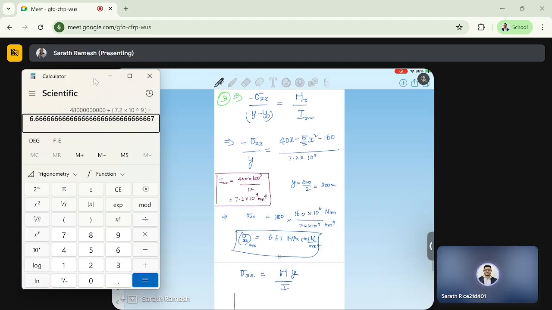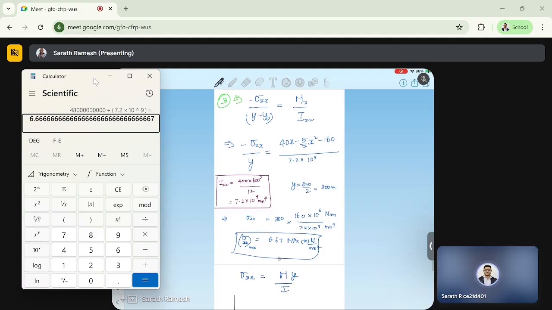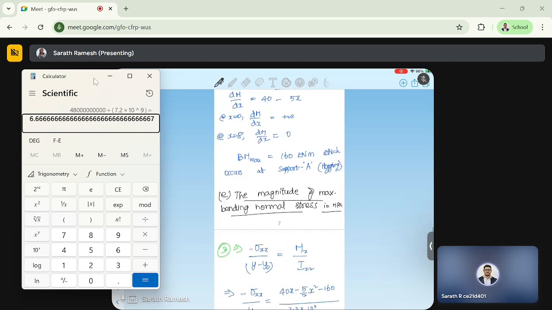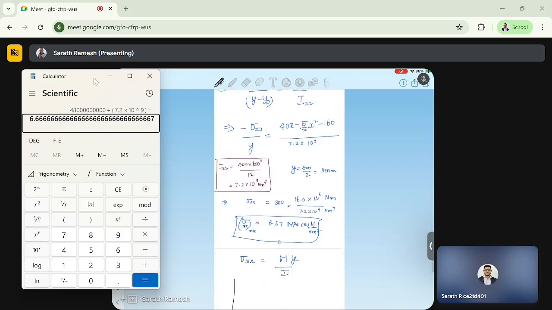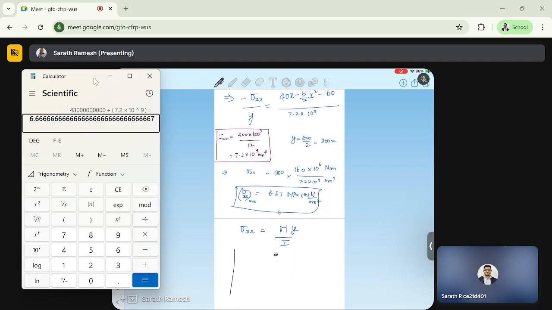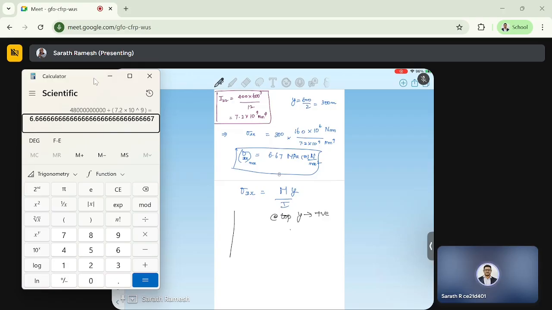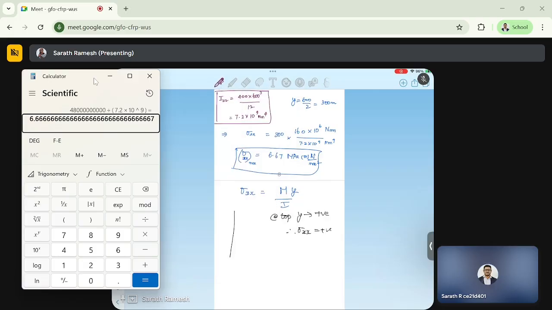When we find sigma xx, my Mz is negative and y naught is 0, so it's negative. At the top my y will be positive, therefore sigma xx will be positive. So I'm going to get the variation like this.